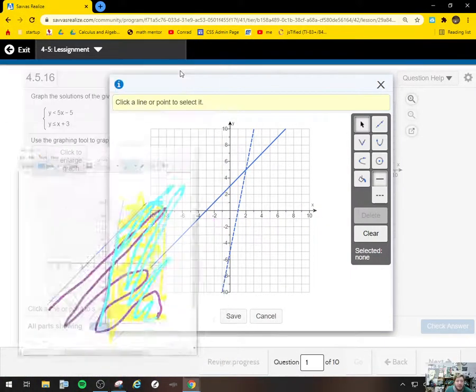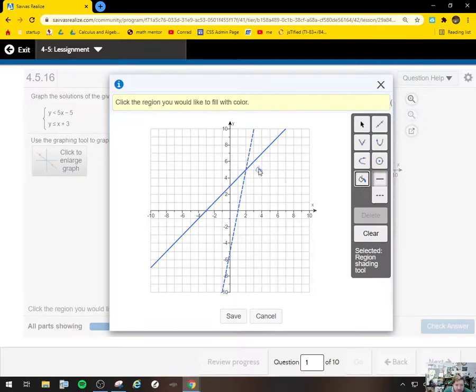And one way you can think about it is there's these four areas that these two lines divide the graph up into, and this was the area that both of them were shaded in. So it can be a little bit tricky to figure that out.